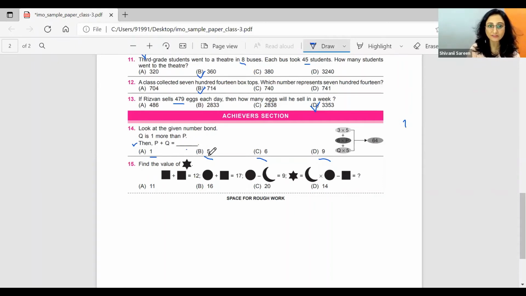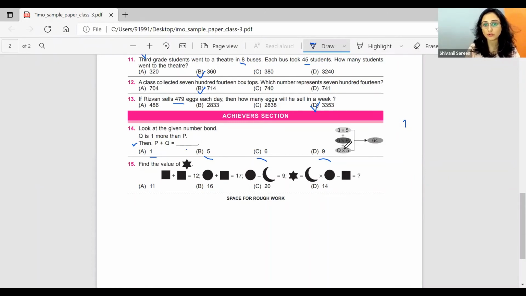Now we place these values in the question itself and identify whether the solution is satisfied. If for example I choose option B, 2 and 3, then P has to be 2 and Q has to be 3.